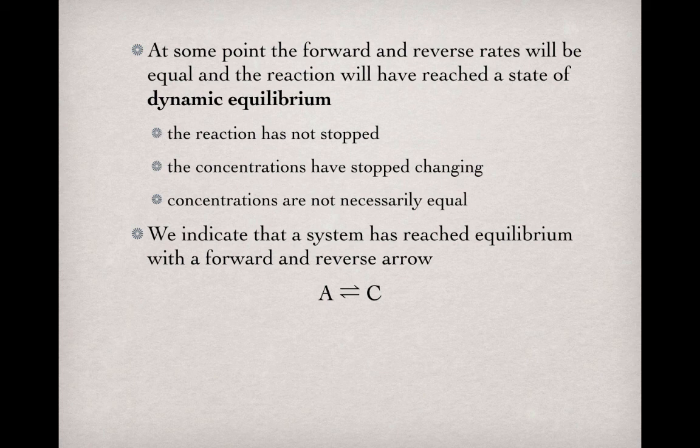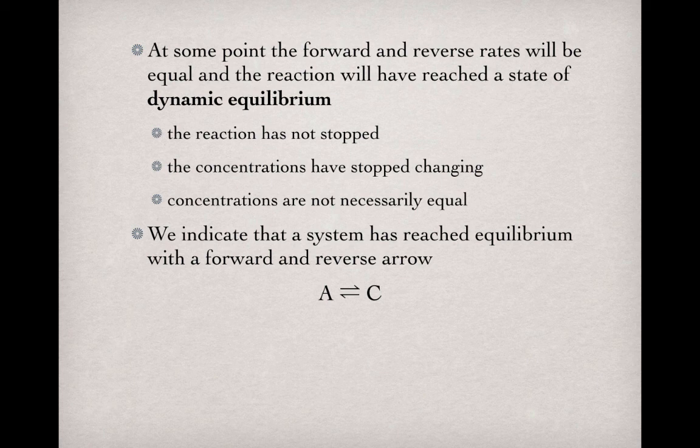Now at that point, the concentrations have stopped changing, but that doesn't mean the reaction has stopped. The molecules have not stopped moving around, they have not stopped reacting. It just means that the concentrations have stopped changing. When we see the term equilibrium, one common misconception is that the concentrations of products and reactants are equal, and that just isn't true.